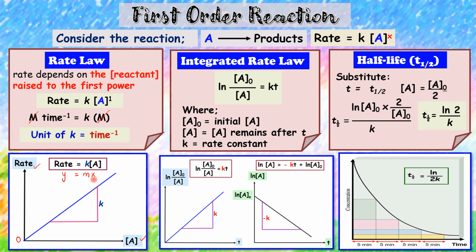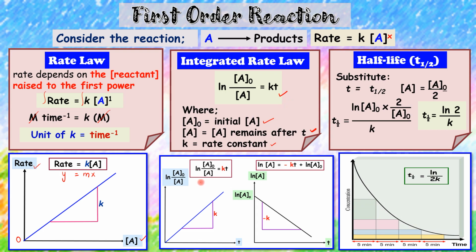Next, by using calculus, when we integrate both sides, we get this expression: ln of A naught over concentration A equals Kt. A naught is the initial concentration of A, concentration A is what remains after time t, and K is the rate constant. There are two kinds of graph related to the integrated rate law.